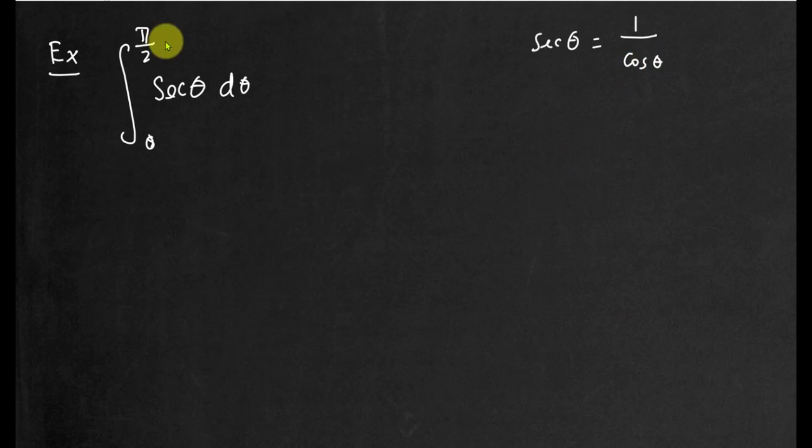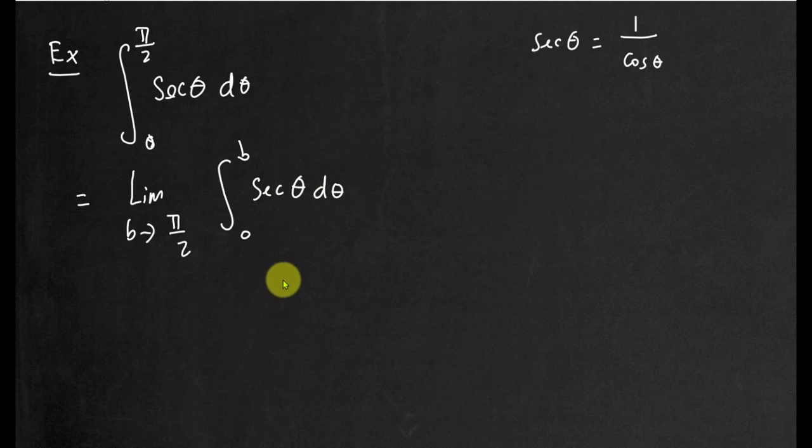So you will have a problem with the upper limit because that is cosine of pi over 2 and you are dividing by 0. And therefore, we need to apply the rules that we learned for the improper integral. We'll let the limit of b approach the upper limit because there is a problem with the upper limit. And then you find the integral from 0 to b of secant of theta d theta.